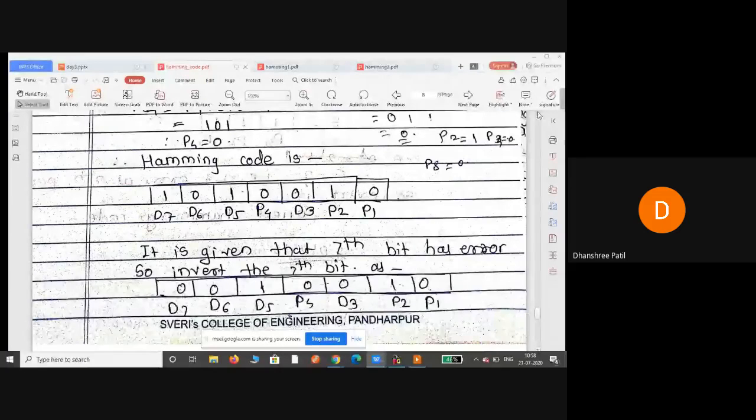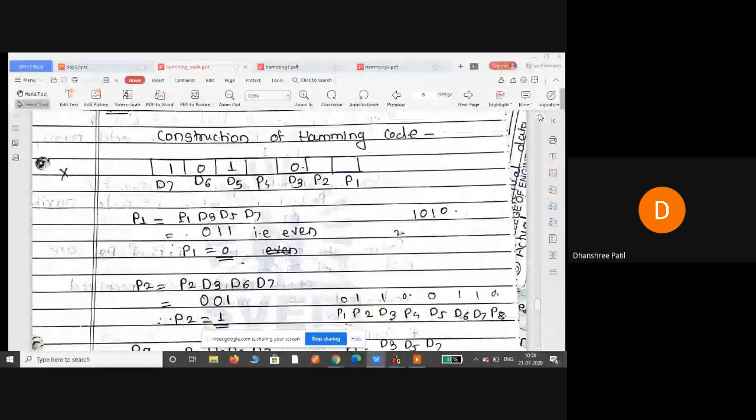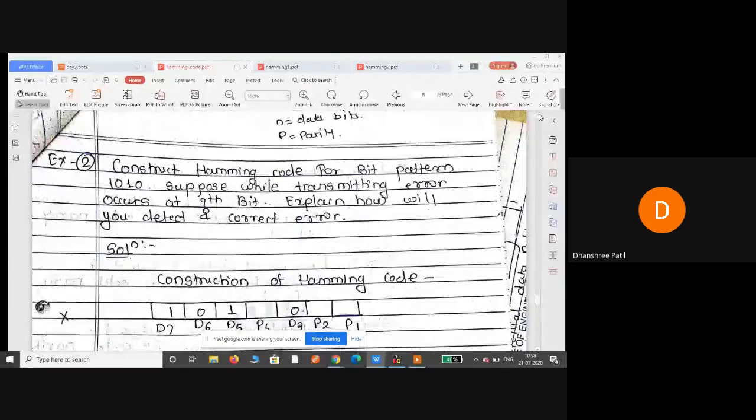Now suppose in this example they have given that while transmitting the data, an error occurs at the 7th bit. So explain how you will detect and correct the error. We have to consider that the error occurs at the 7th bit.